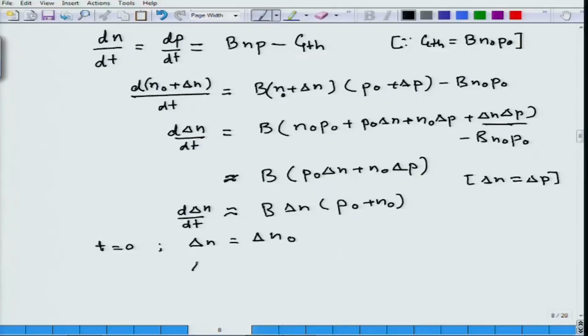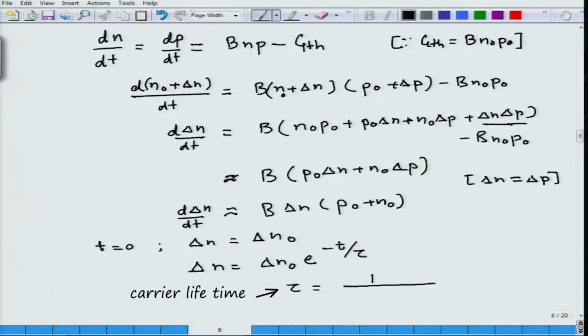With that, the solution for the above equation is delta n equal to delta n naught exponential minus t over a time constant known as lifetime. For the carriers, tau is nothing but 1 over the recombination rate constant times (n naught plus P naught).